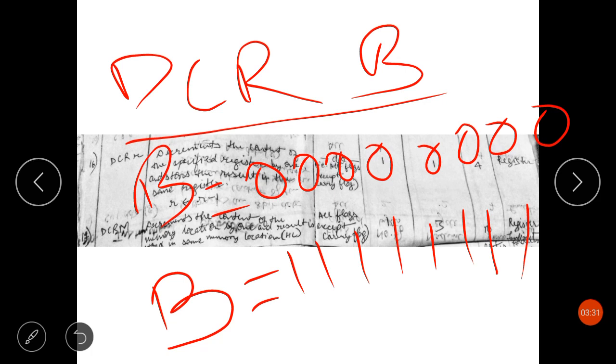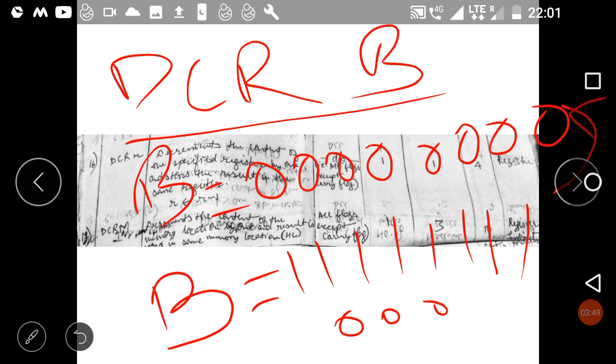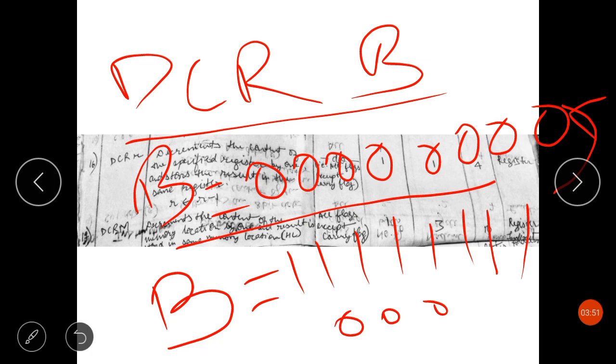If 11111111 is stored in a register and we apply the increment instruction, it will move back to 00000000. And if a register has that content and we apply the decrement instruction, it will move back to 11111111. So the carry flag will not get affected in this type of instruction.